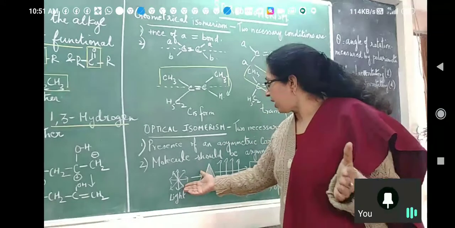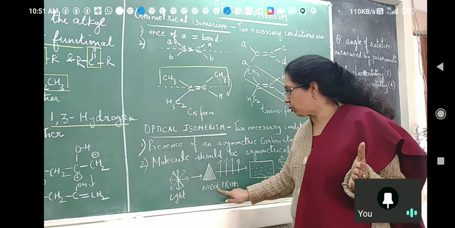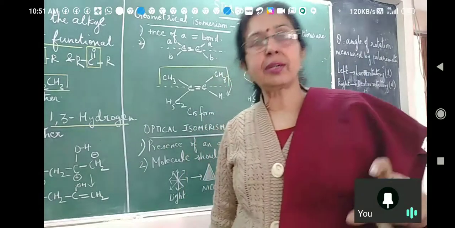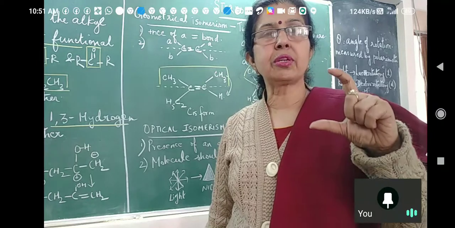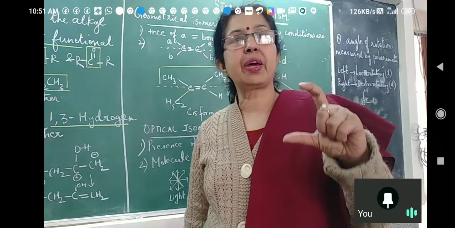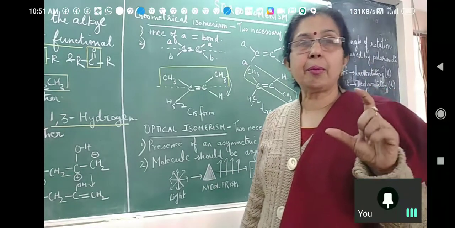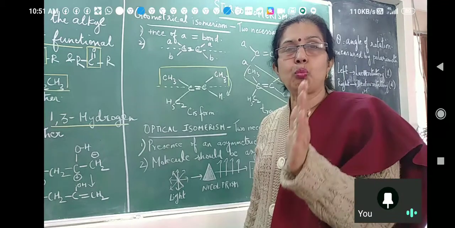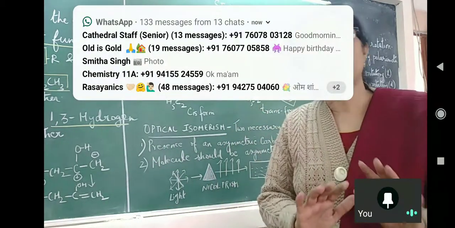When this light is made to pass through a Nicol prism, this is a special type of prism. You know what a prism is, you use it in physics. So this prism has a property, it will allow only light in one plane to pass through it and other vibrations it absorbs.